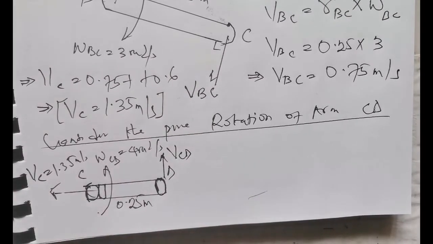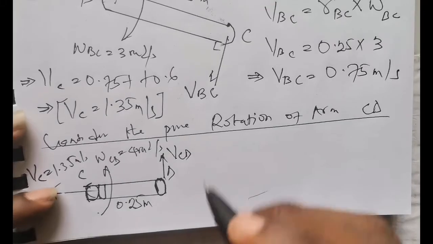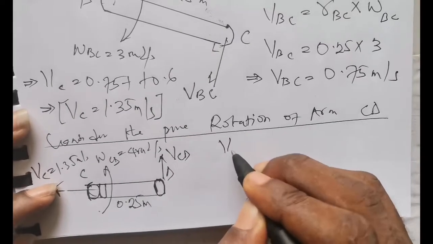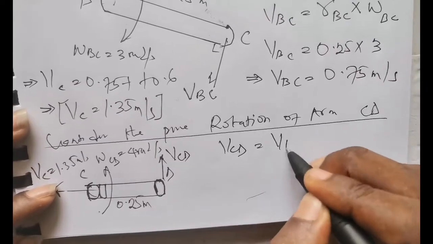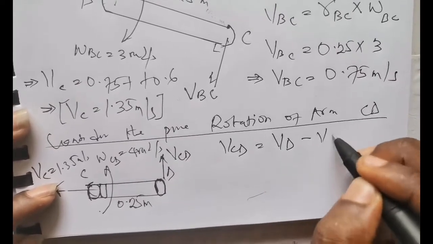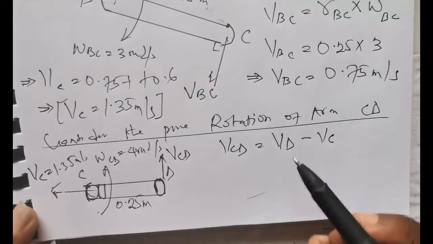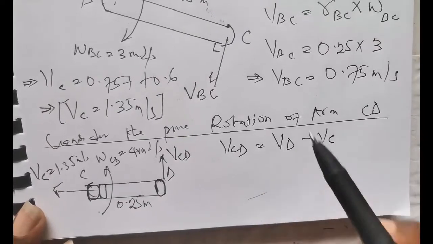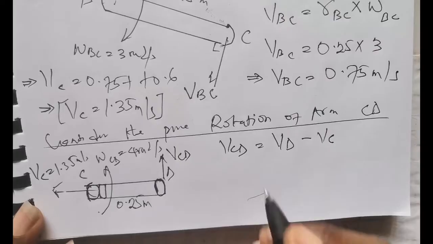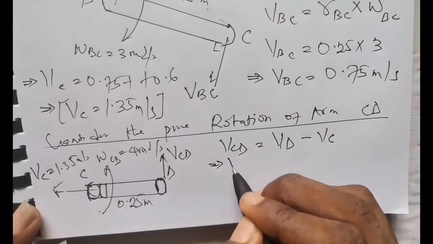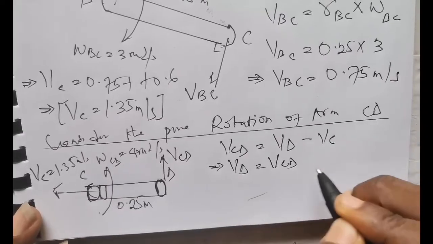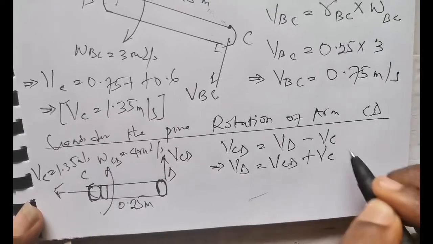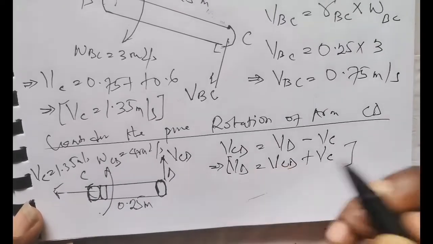Now remember that the relative speed VCD is going to be VD minus VC, and the aim is to find the velocity at point D. So we simply send VC over here. This simply implies that velocity at D is equal to the relative speed VCD plus VC. Okay, so you keep this equation aside.